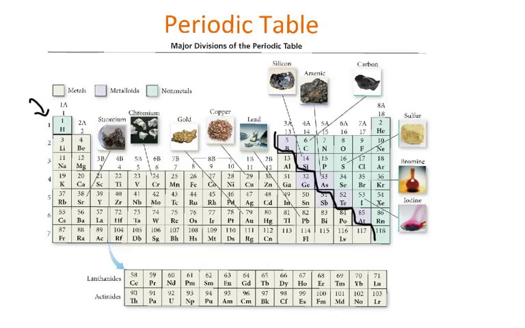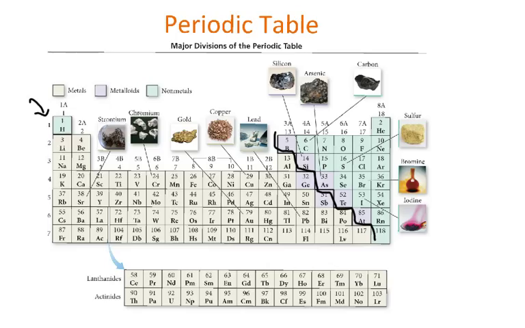So those are those elements. And then on the right, you have nonmetals. So in addition to both the horizontal and vertical locations, and then the locations of metals, semimetals, and nonmetals, you have to be familiar with the name of some of the groups in the periodic table.